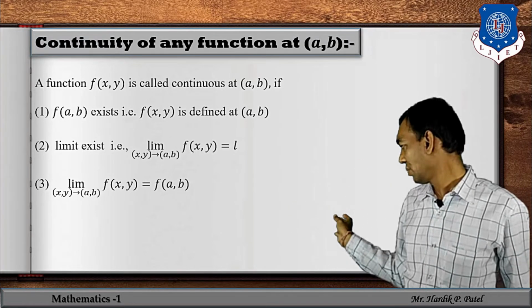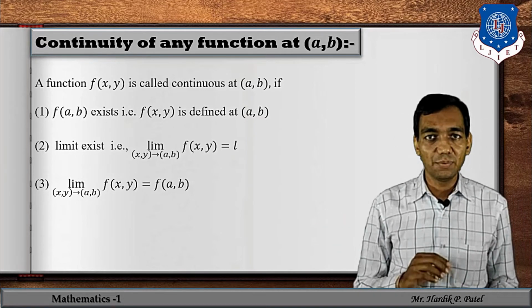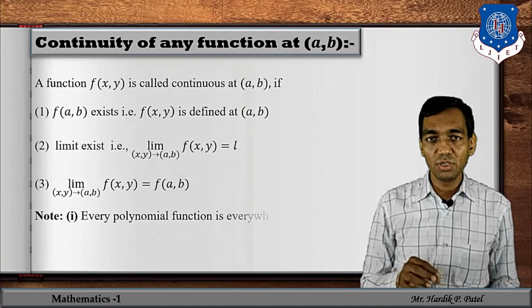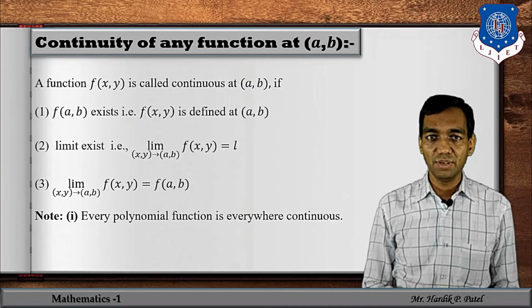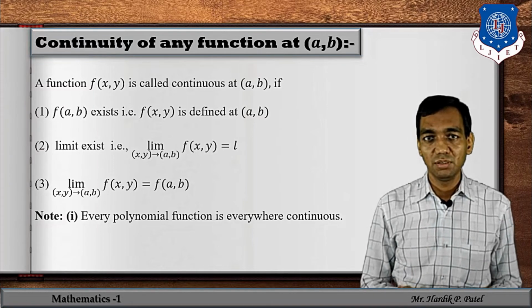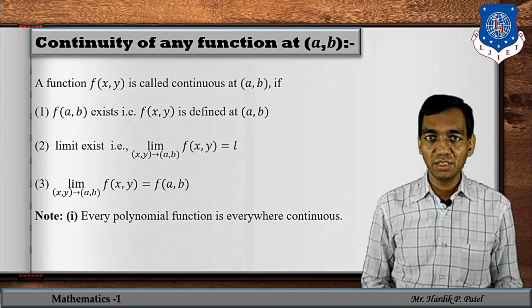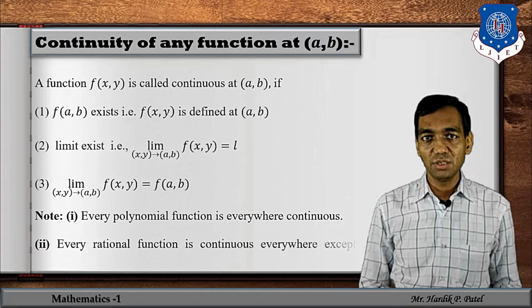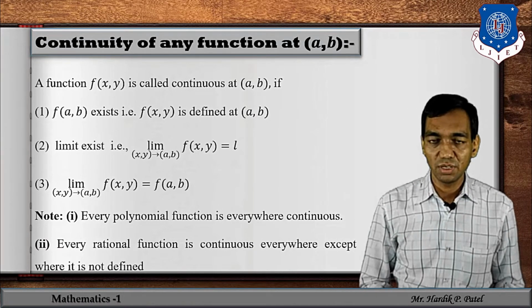That means the limit as (x, y) tends to (a, b) of f of x comma y is equal to f of (a, b). Now note that every polynomial function is everywhere continuous. Please remember, if you have any polynomial function, then it is everywhere continuous. And secondly, every rational function is continuous everywhere except wherever it is not defined.